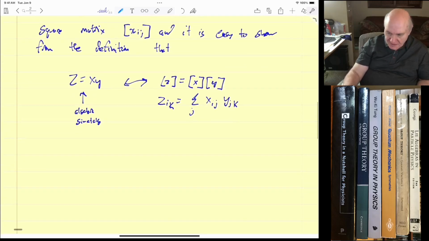So this is why it's called a simple matrix algebra.